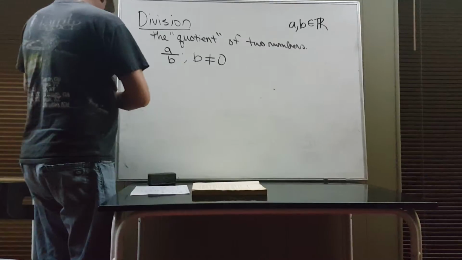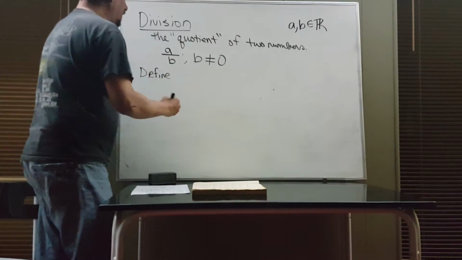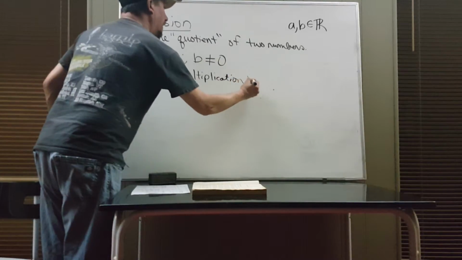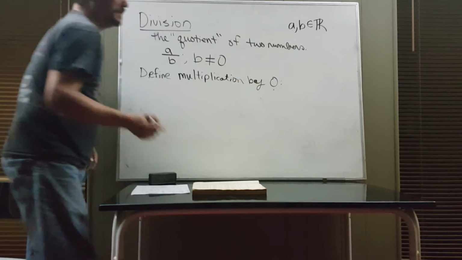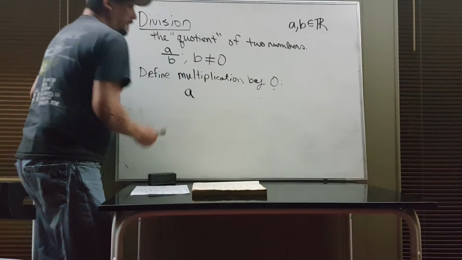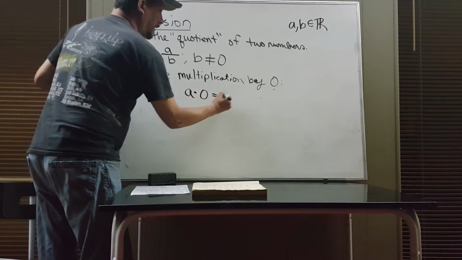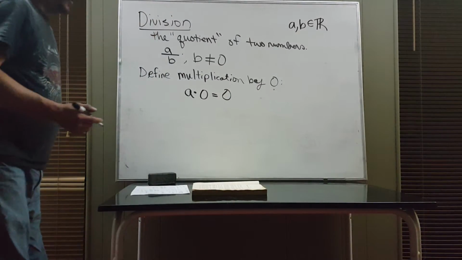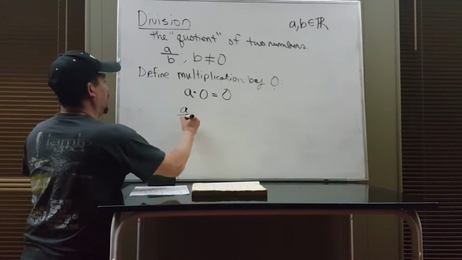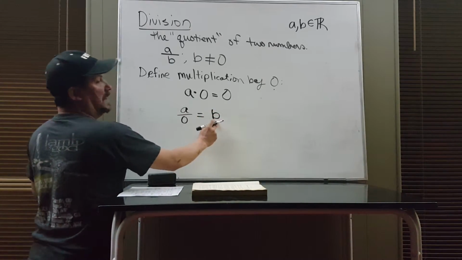Okay. So we define, and you may remember this, multiplication by 0. We define multiplication by 0 that any number, and we're going to use A and B here, and this represents any number times 0. Any number times 0 is always 0. So if I was to create an instance where I was dividing a number by 0, if this was possible, if this equaled some number B, okay?